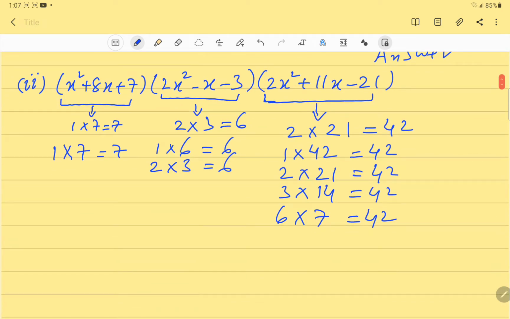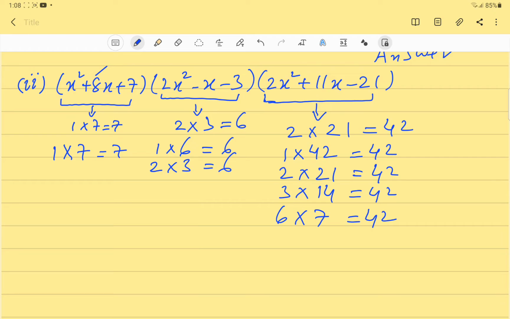Okay, now let's check all the three one by one. In the first bracket, we have only one pair of factors, which is 1 into 7 is equal to 7. We will see now if we can subtract or add 1 and 7 to get the required number, which is 8. Yes, if we add 1 and 7, we are able to get 8.